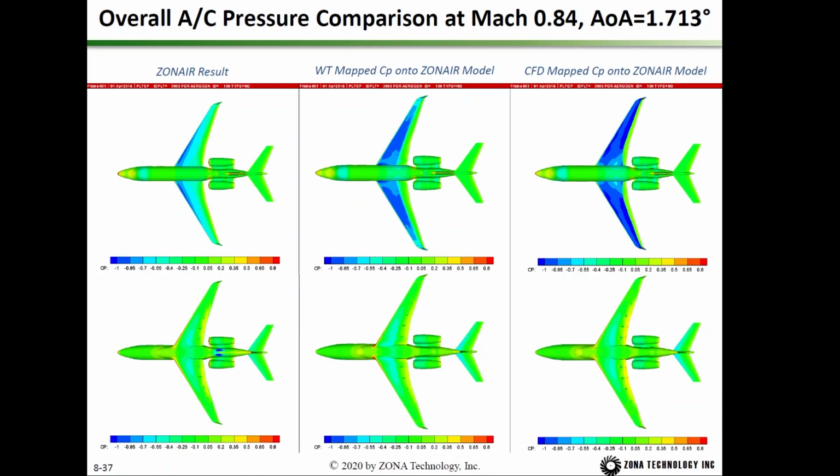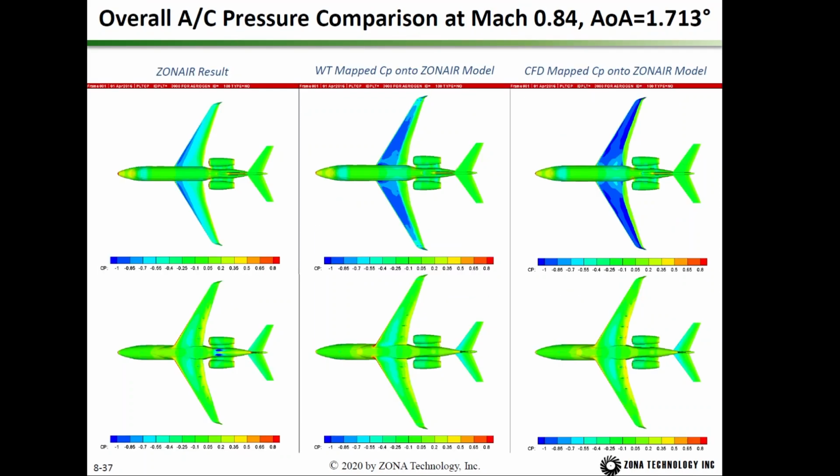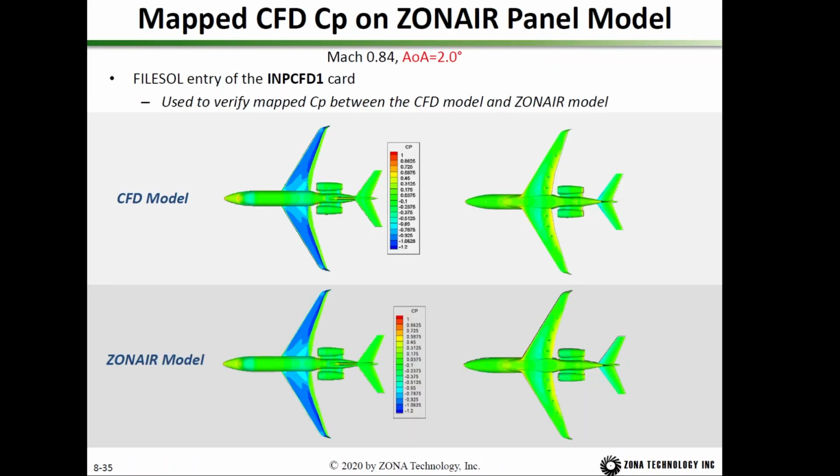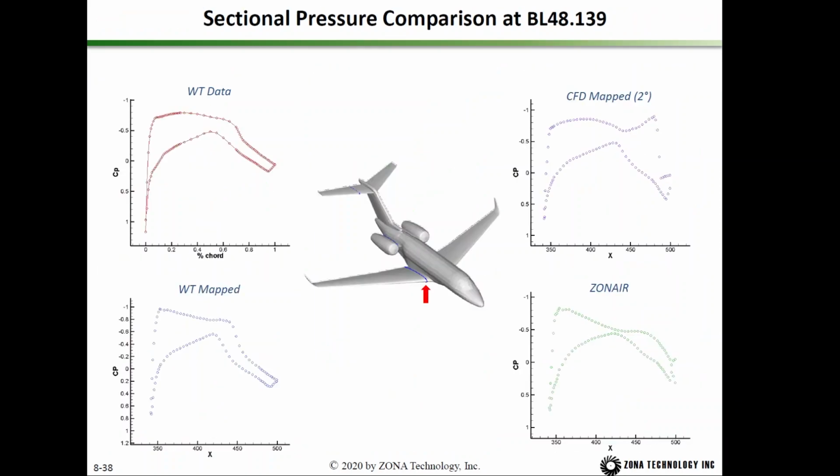And there's a difference because, if I remember correctly, the wind tunnel measured CP is at angle of attack 1.7 degrees, whereas the CFD computed CP is at angle of attack 2 degrees.